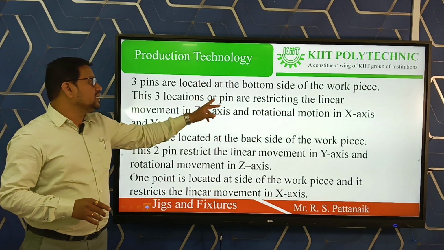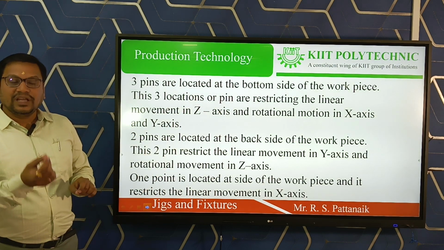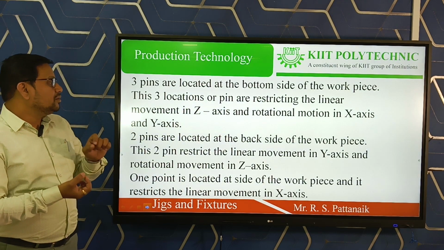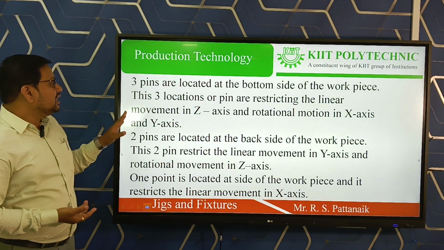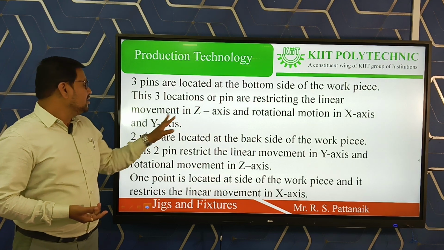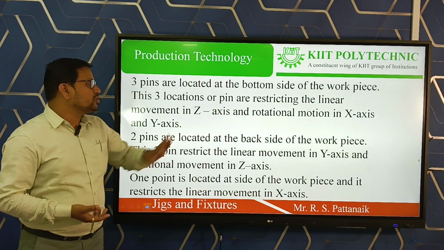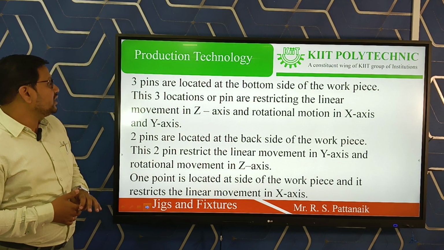So 3 pins or 3 locations are placed in the bottom part of the rectangular block, restricting the linear movement in the z-axis and rotational movement about the x-axis and y-axis.